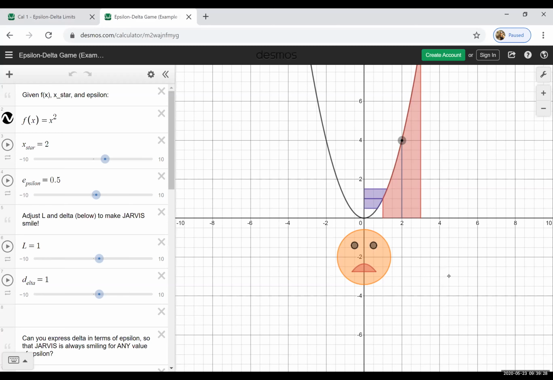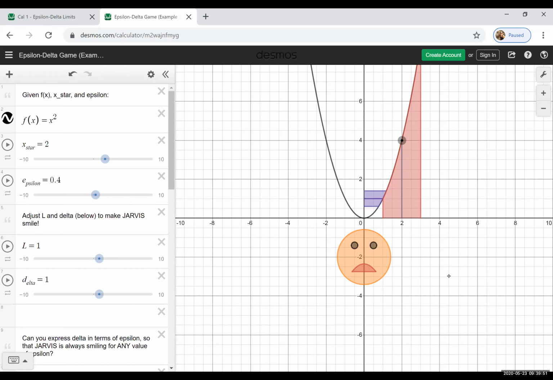And it's kind of the same idea, but I would not change the function because I think they're really interested in just using x squared. But you can set where you want your limit to be, and you could set your epsilon. So let's say we wanted our epsilon to be 0.5.